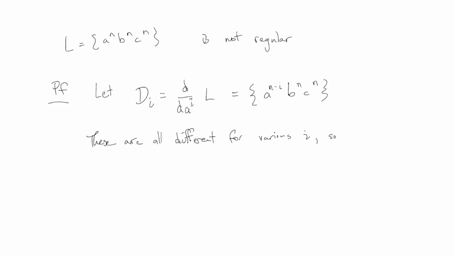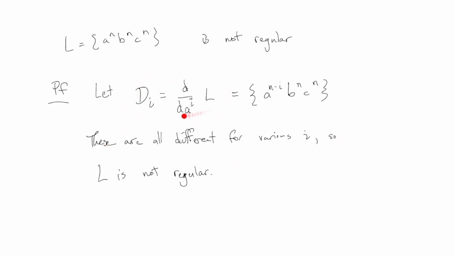That means L is not regular, because we have infinitely many different derivatives. That's that. So L is not a regular language. Like I said before, you have to write a little proof, but basically you're always going to end with that sentence.